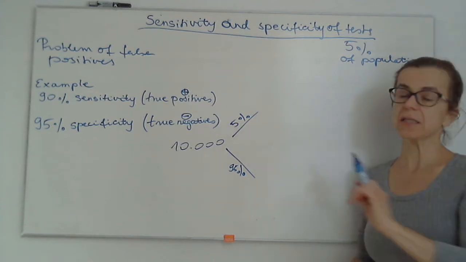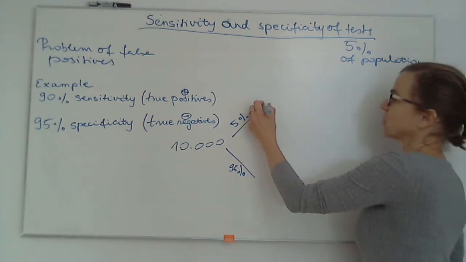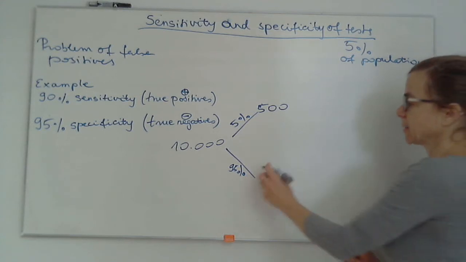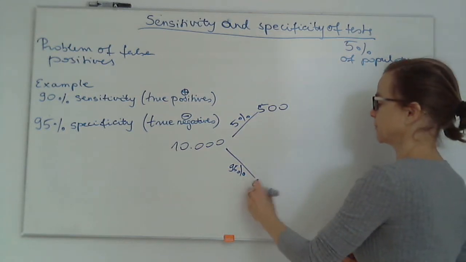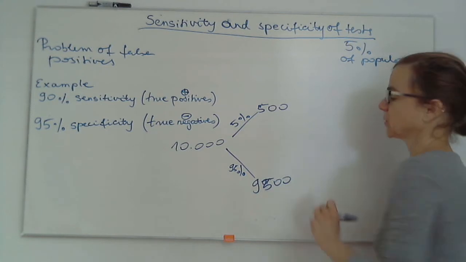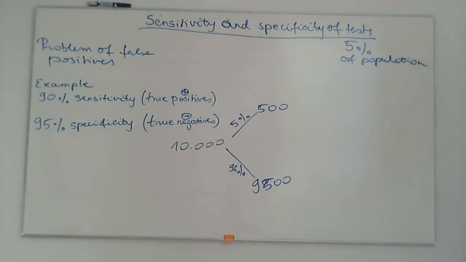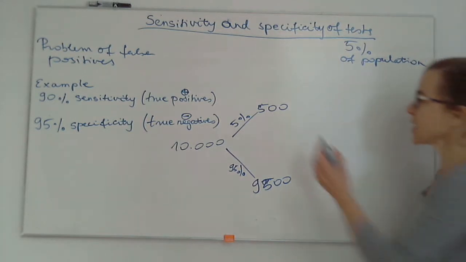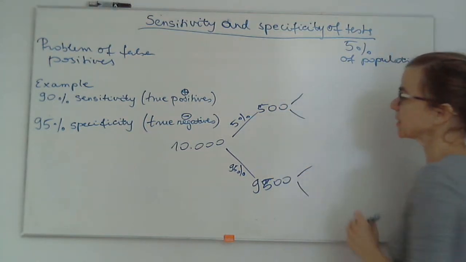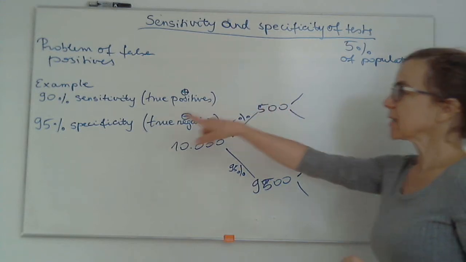So 5% of these 10,000 is going to be 500, and the remaining are not infected. So that's 9,500.